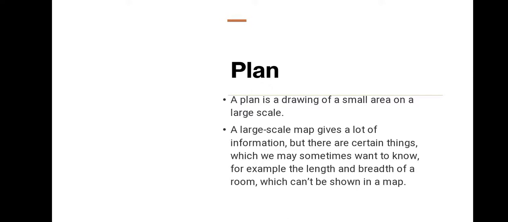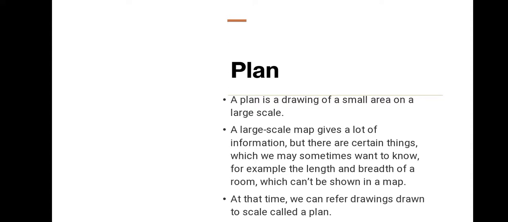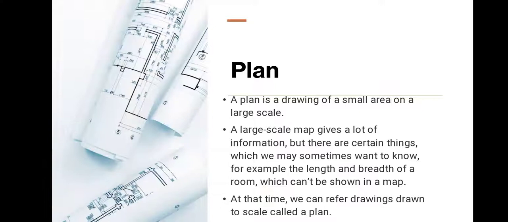For example, the length and breadth of a room, which can't be shown on a map. So, we will need a plan. At the time, we can refer to a drawing drawn to a scale called a plan. Here you can see a plan.